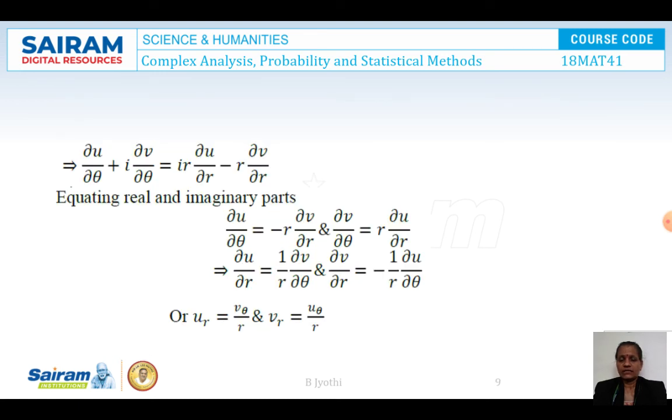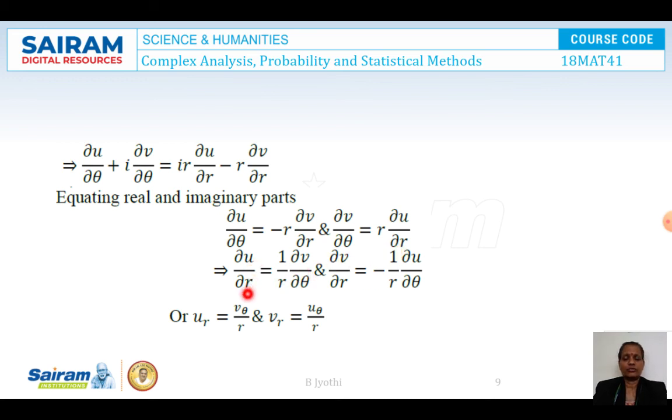So equating, we get ∂u/∂θ + i ∂v/∂θ = ir ∂u/∂r − r ∂v/∂r. If you equate the real and imaginary parts, what we get is the required CR equations, that is ∂u/∂θ = −r ∂v/∂r and ∂v/∂θ = r ∂u/∂r.